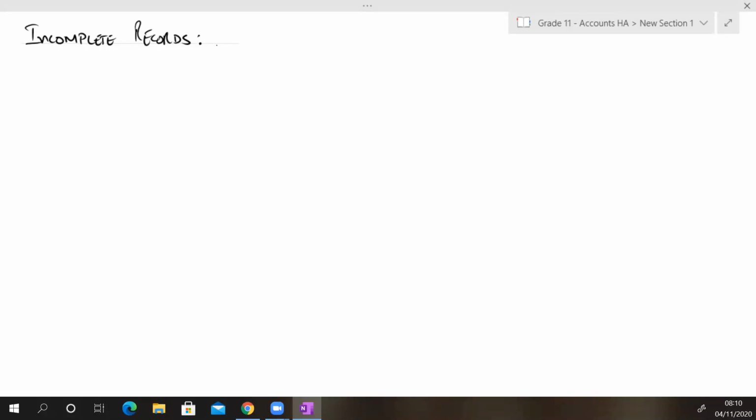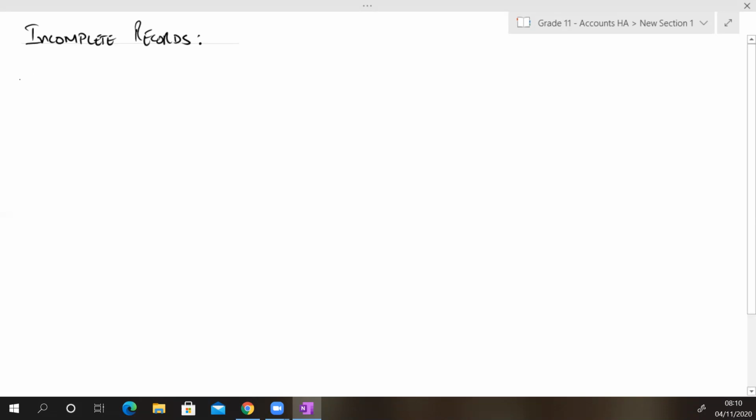After that, you have to prepare an income statement and statement of financial position, okay? So incomplete records consist of unsorted and incomplete data which you have to formalize with your knowledge. You have to structure it and give it some meaning, and using those things prepare an income statement and statement of financial position.